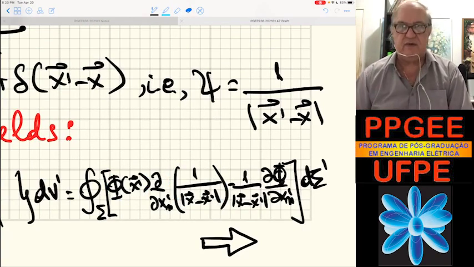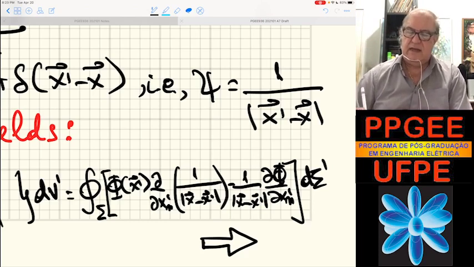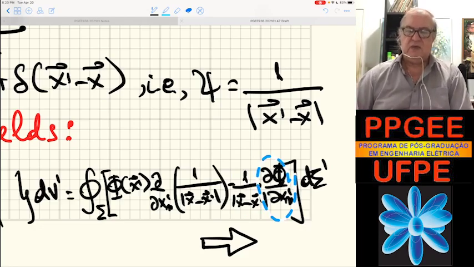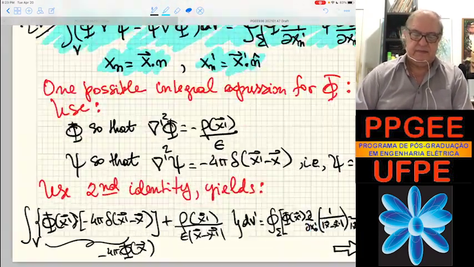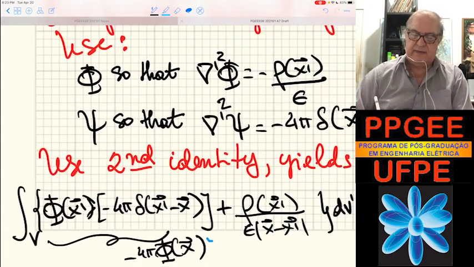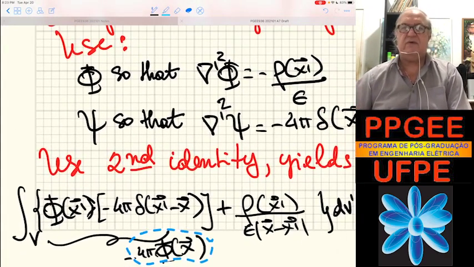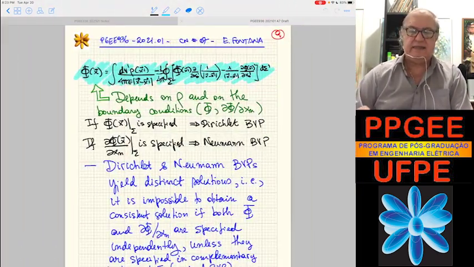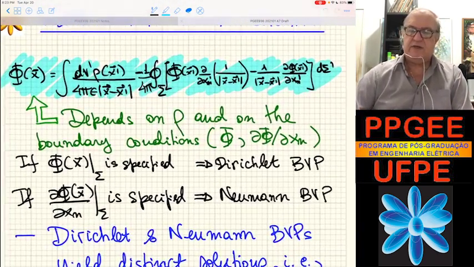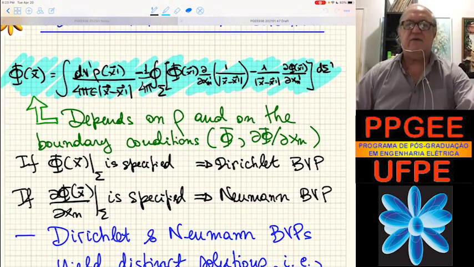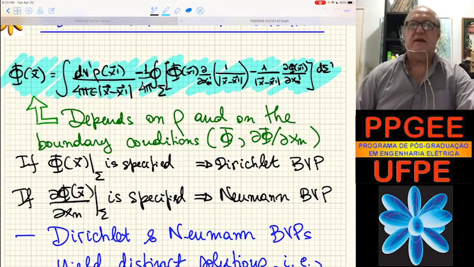We have to find out what the normal is, right? And the other is the inverse function times derivative of the potential function on the surface. So what happens? Here the integral gives me directly the potential at any point inside of the volume. And now I can express finally the potential as a solution, a formal solution, in an integral form, right?